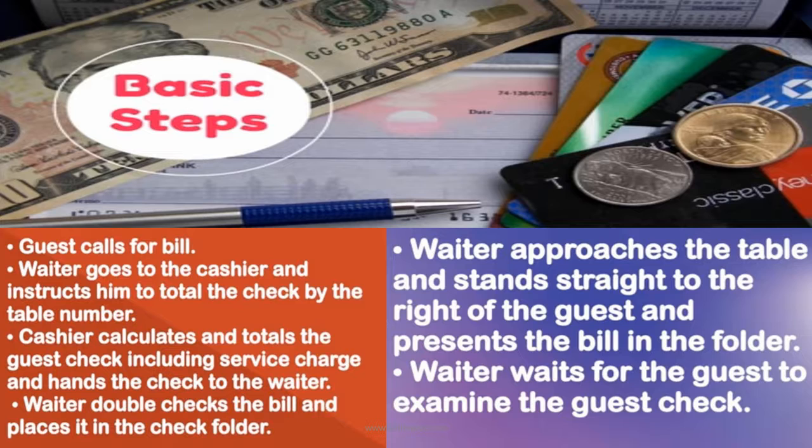The waiter goes straight to the cashier to tell him what amount of money that guest is required to pay. Then the waiter comes to the guest and they pay the bill. So these are some basic steps, but we're going to go into details later.